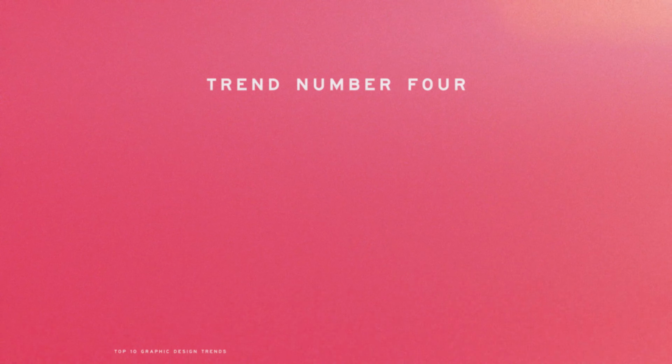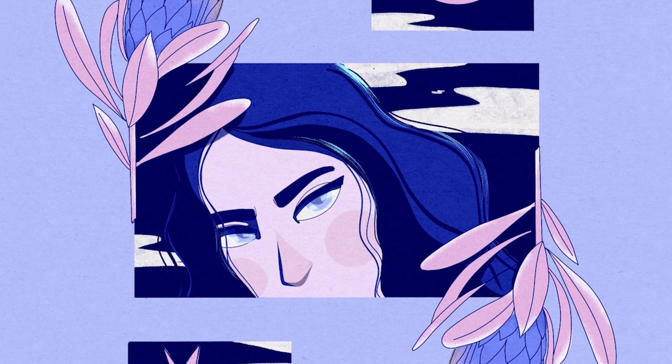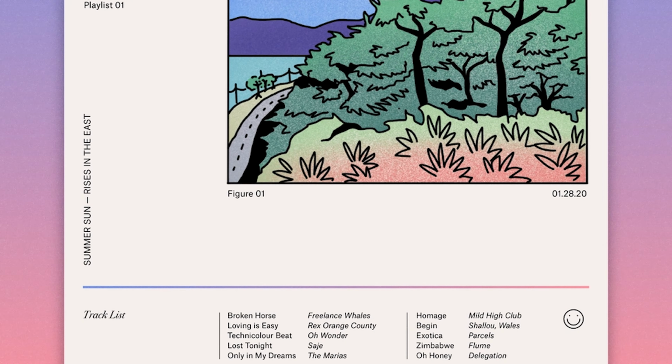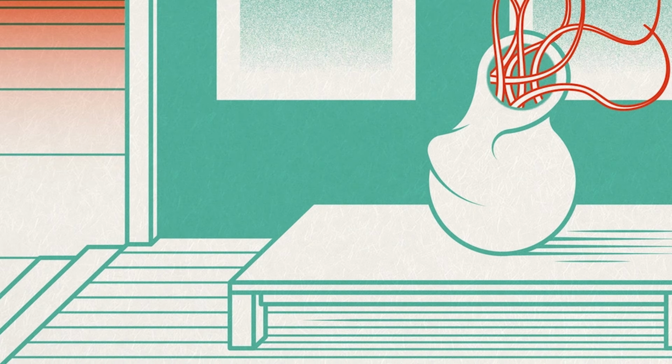Okay guys, let's go with trend number 4, Ukiyo-e style design. I don't know if I'm pronouncing this the right way or not, but let's start with the meaning of Japanese ukiyo-e. It's a form of art that flourished in the 17th to 19th century. It depicted female beauties, kabuki actors, sumo wrestlers, cranes from history and folk tales, travel scenes, landscape, flora, fauna, and the term ukiyo-e is a Japanese form of pictures of the floating world.